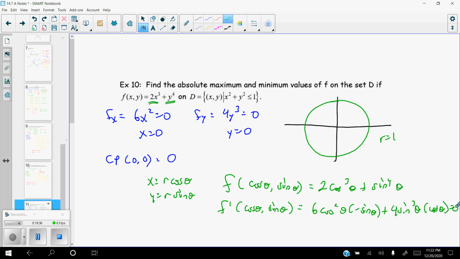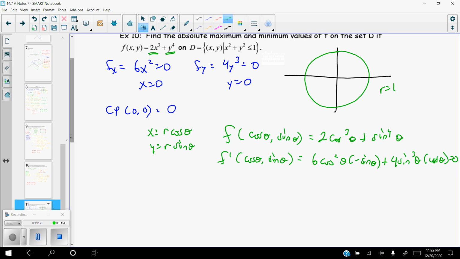So let's see how we can simplify this thing a little bit. Looks like I can factor out a sine and a cosine and a 2, or maybe even a negative 2. Let's factor a negative 2 out and see how that works. It doesn't really matter if we factor the negative out or not. So it looks like I can factor out a -2, a sine theta, and a cosine theta from each one.